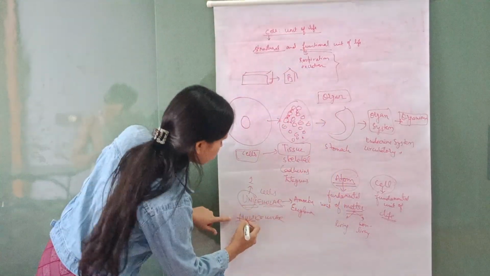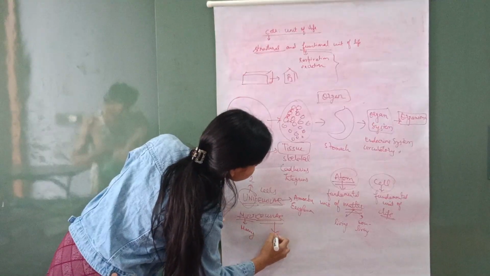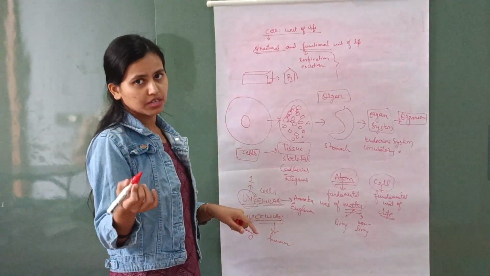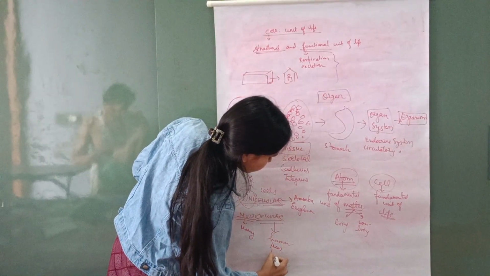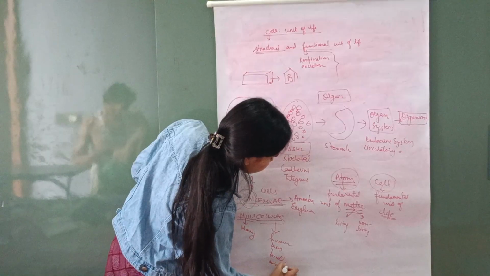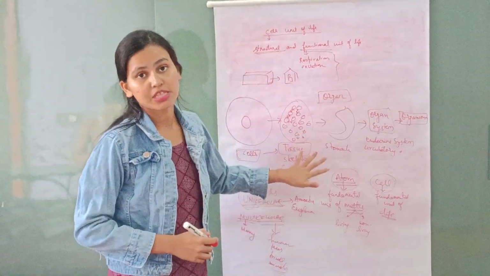Examples for this are humans, or you can take trees, birds, animals, right? So this is the meaning of the word multicellular.